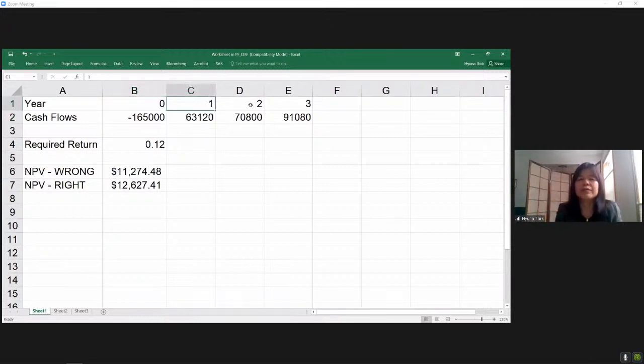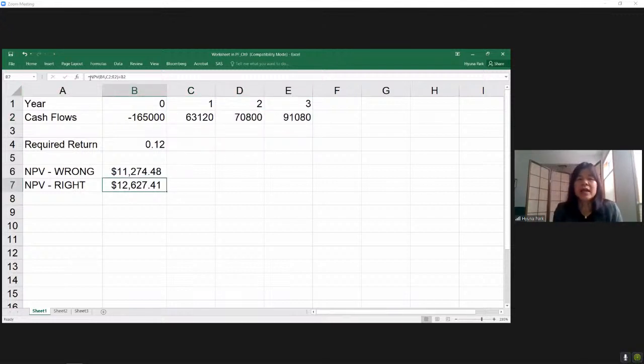So years 1, 2, 3, there are positive cash flows. That's a typical cash flow stream of an investment project of a corporation. We are using this simple 3-year project numerical example to learn how to use Excel to calculate NPV.